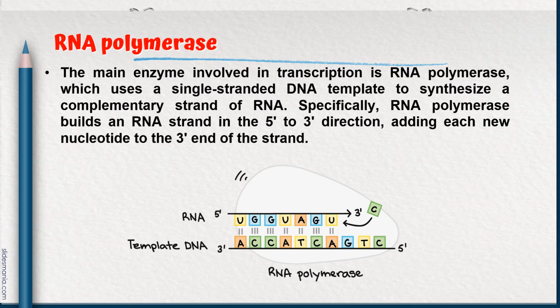The 5 and the 3 mean 5' and 3', which indicate the carbon numbers in the RNA sugar backbone. The 5' carbon has a phosphate group attached to it, and the 3' carbon has a hydroxyl group.